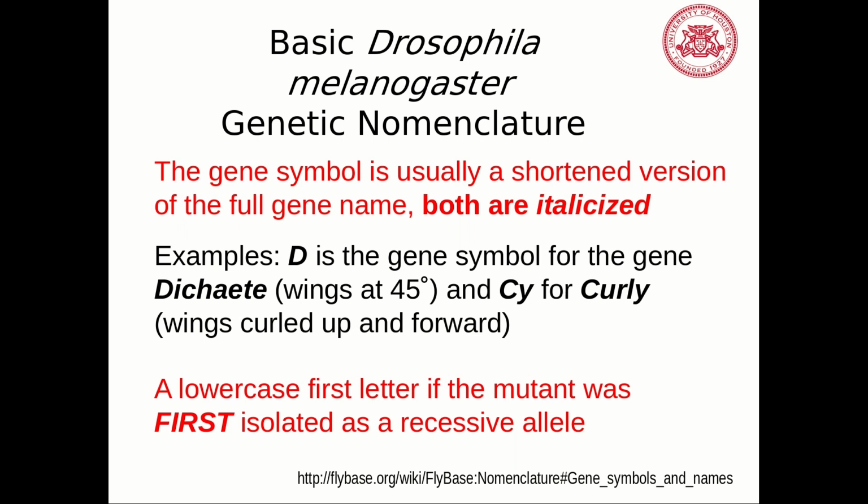So keep that in mind. You need to italicize the whole word or all of the symbols, and you need to capitalize the first one, right? And that is for a gene. All right. Now, other things, proteins and alleles, may be a little different, but this is for a gene, right? For the name of a gene, the name of a mutant.